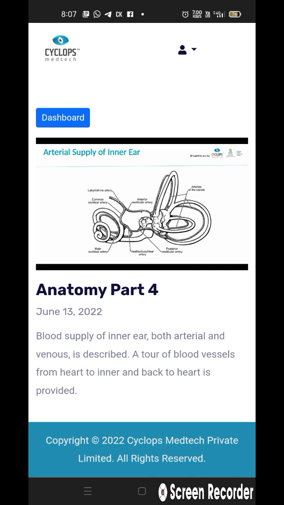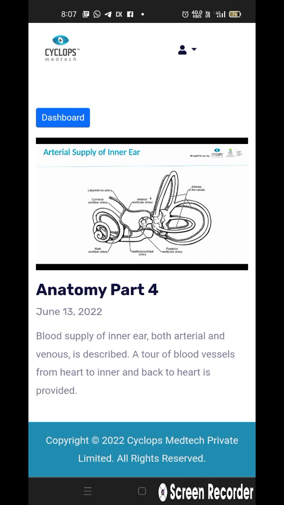We have to note from here onwards that the blood supply, especially the arterial supply, and the nerve supply almost mimic one another, and therefore it is so difficult to differentiate when the inner ear is affected, whether because of an arterial infarction or because of a neuritis. We will see that a little later.